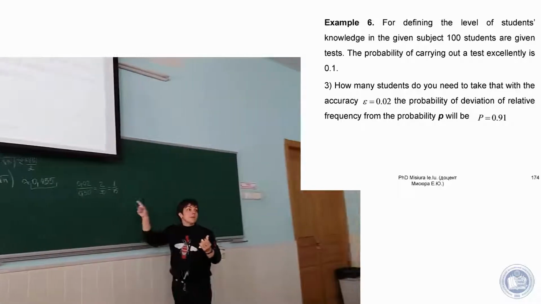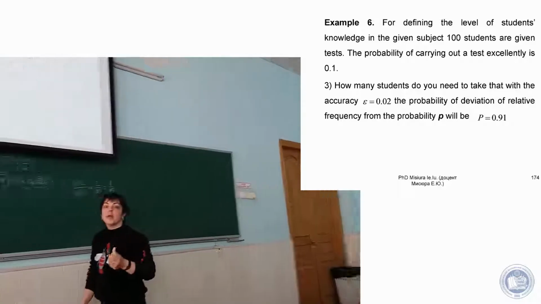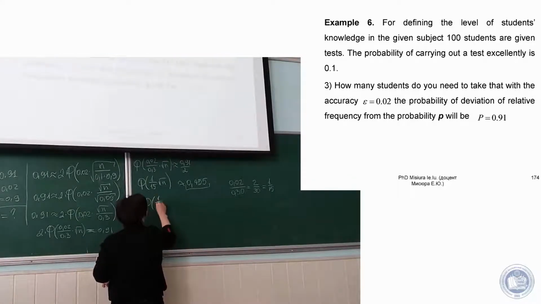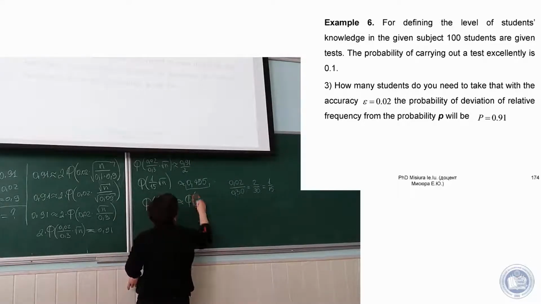And you can get phi of 1/15 times root of n approximately equals 0.455. Now, let's open table 2. And please look for this value. It will be phi of 1.